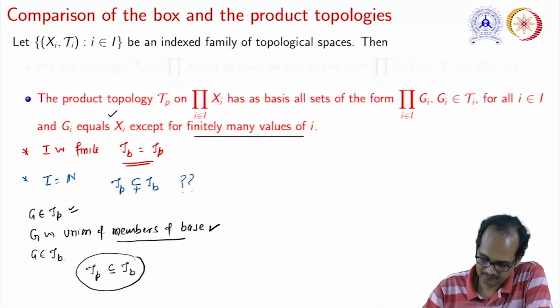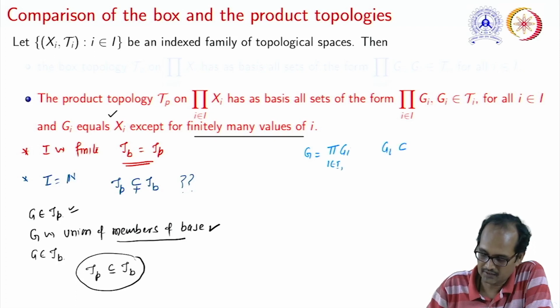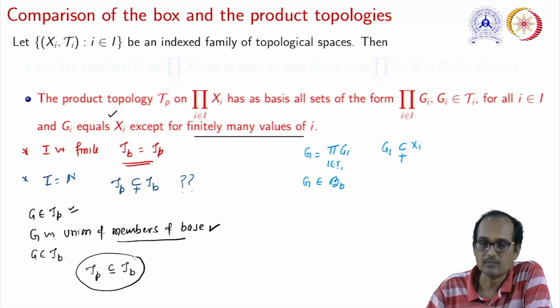But if we take an element of the box topology in this particular form, given by G, which is the product of Gi, i belongs to I, such that every Gi is a proper subset of Xi, then what will happen? From the construction, it is clear that this G is a member of the basis for the box topology, and as a basis is always a subfamily of the topology, this G will be a member of the box topology.